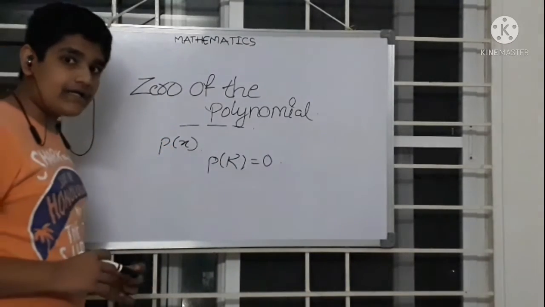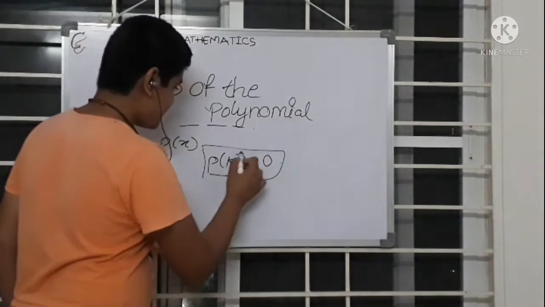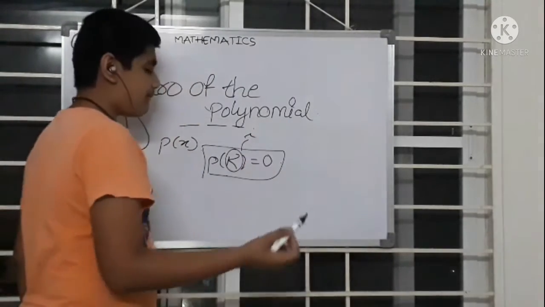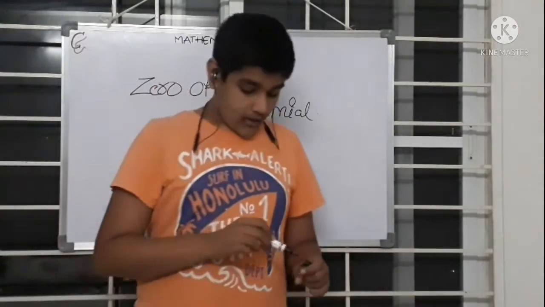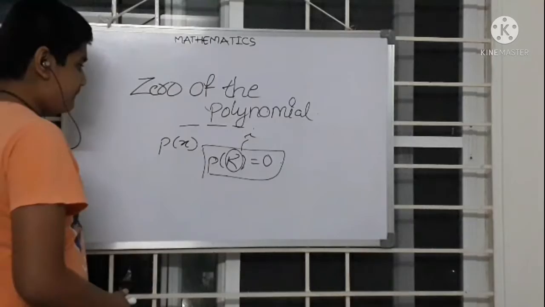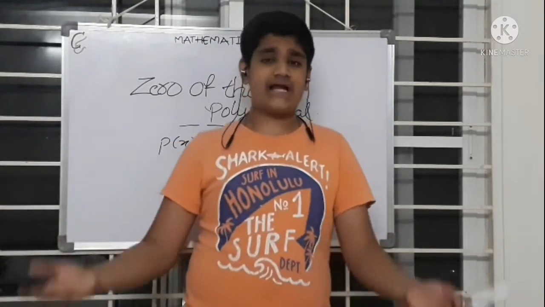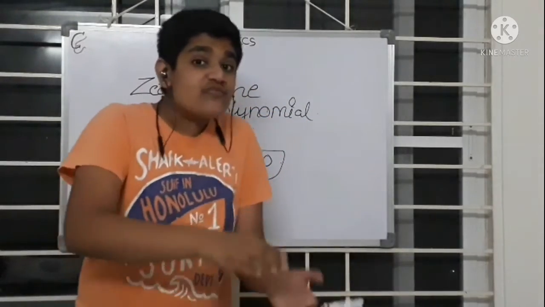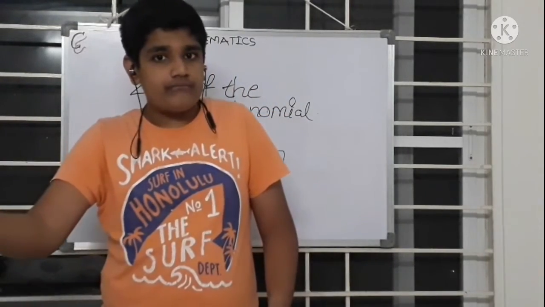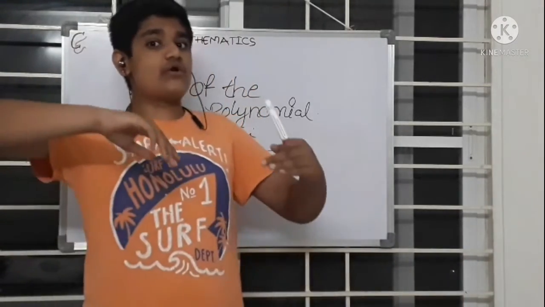So this is the zero polynomial condition, and here k is known as the zero of the polynomial. We discussed in earlier sessions that a zero polynomial means a polynomial equal to 0. So here P of x is equal to 0, this is a zero polynomial, and here x is known as the zero of the polynomial.